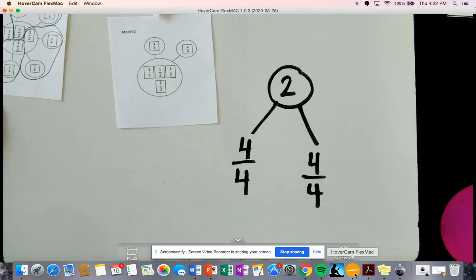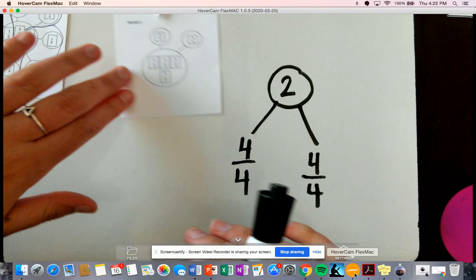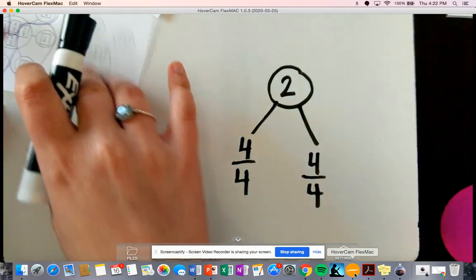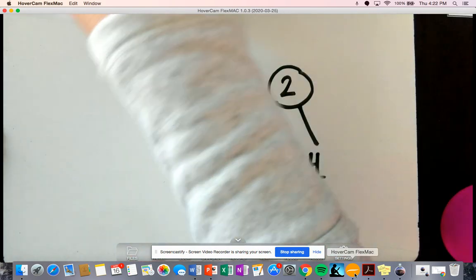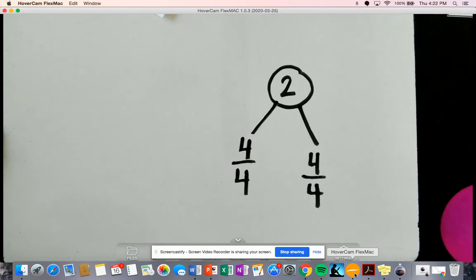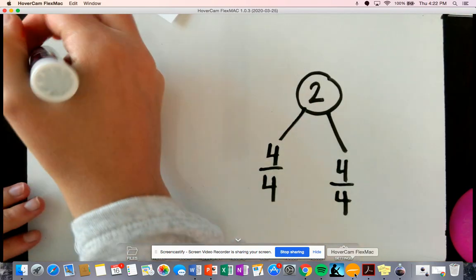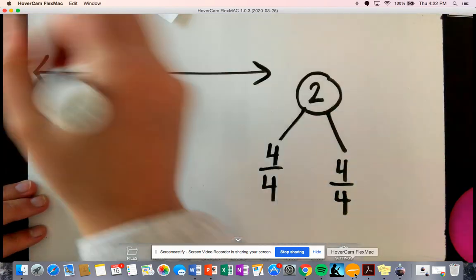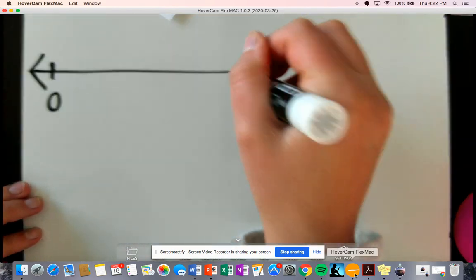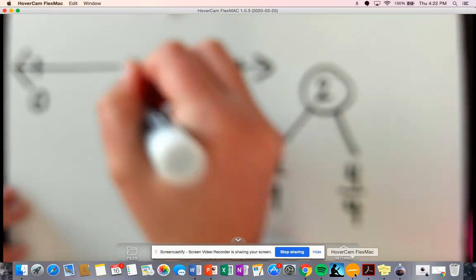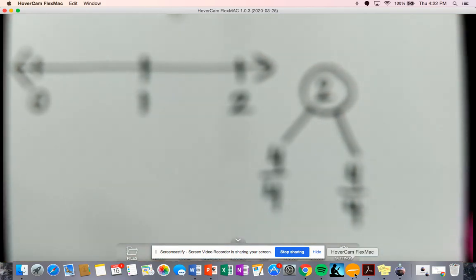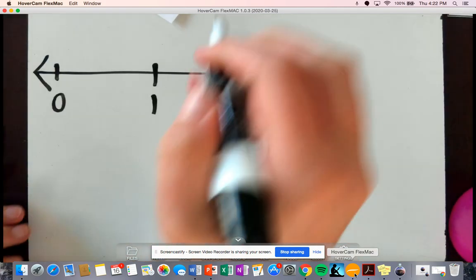So let's actually put this on a number line. So if I have my number line and I want to go from 0 to 2, I'm going to need to cut each whole into fourths.